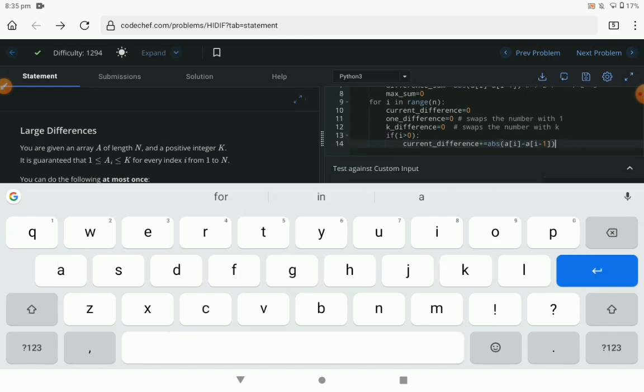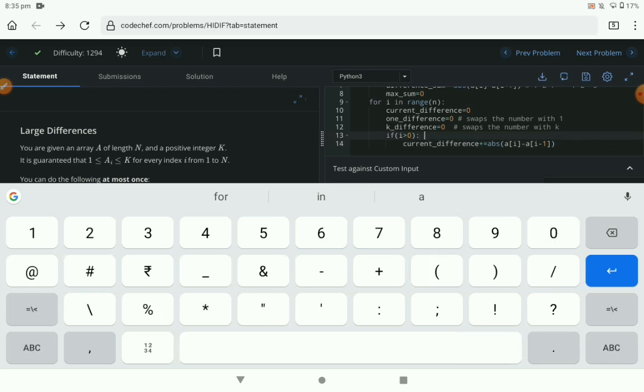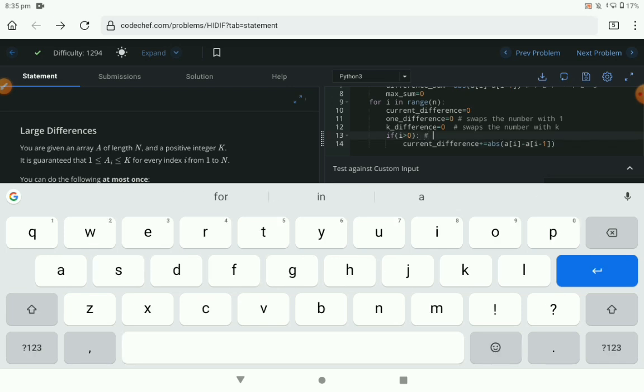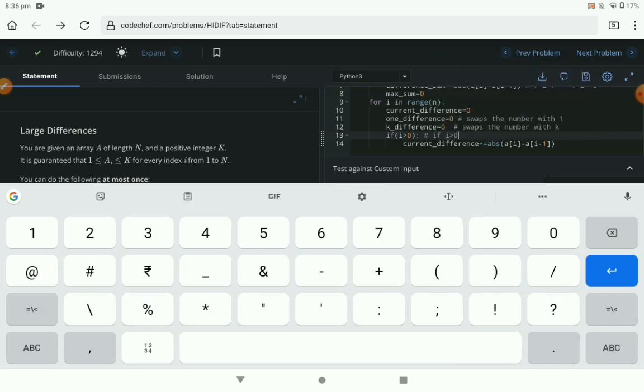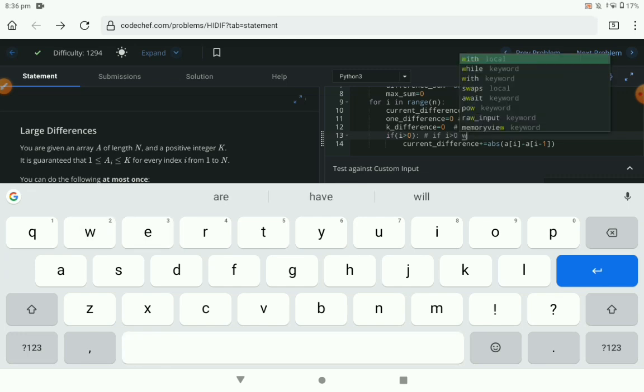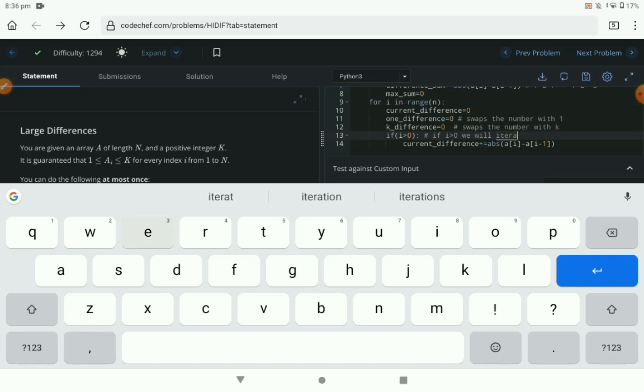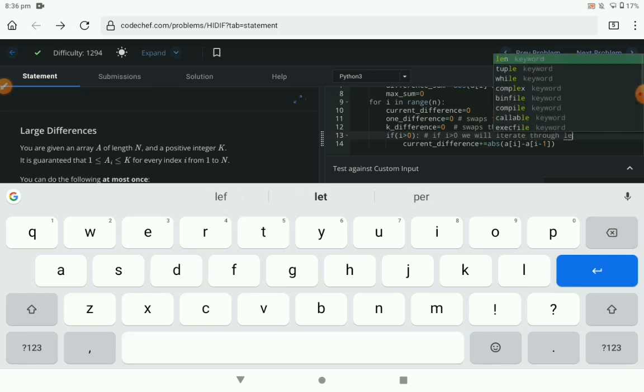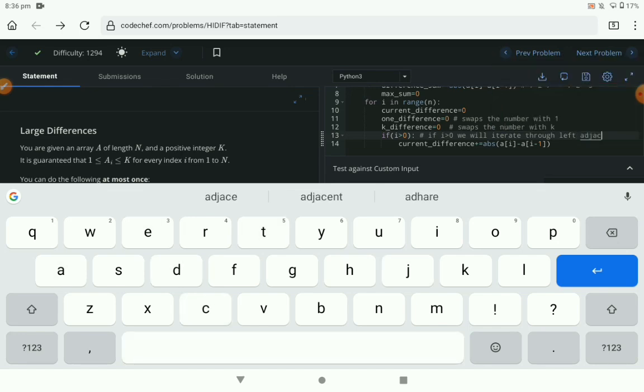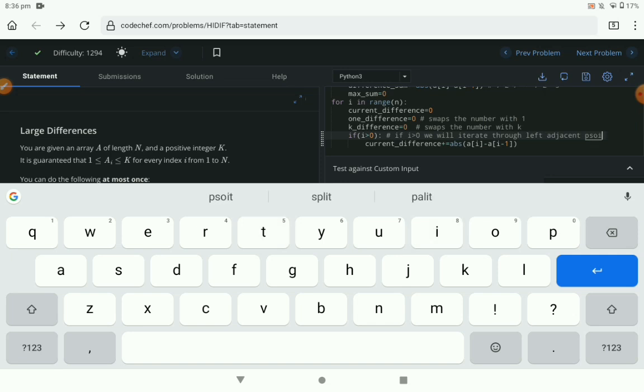In this if statement, if i is greater than 0, we will iterate through the left adjacent position.